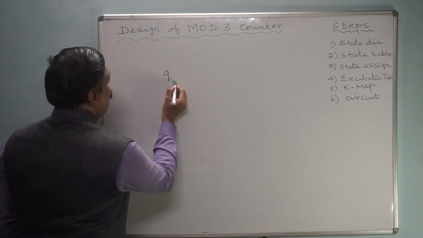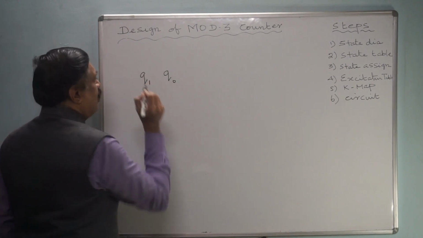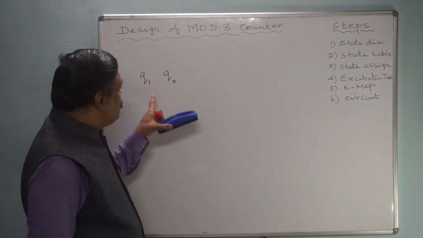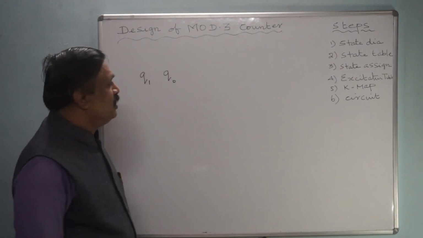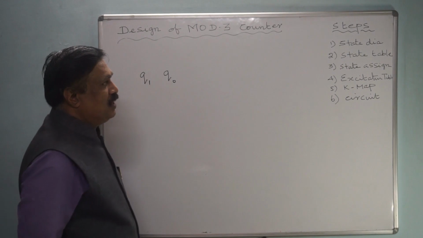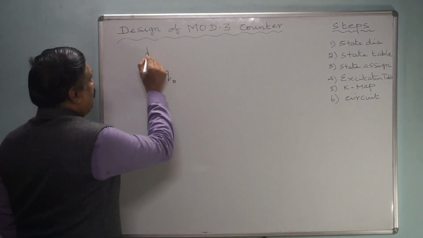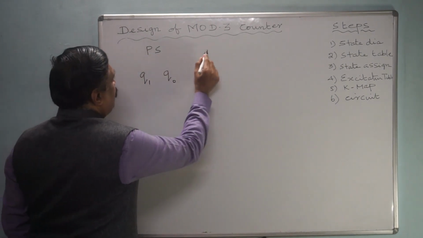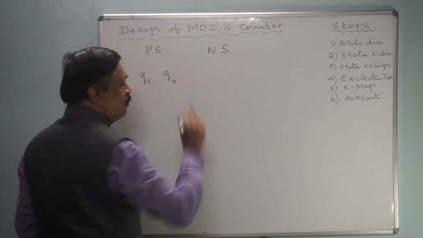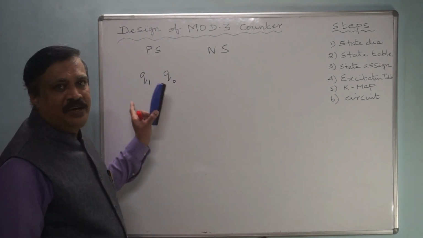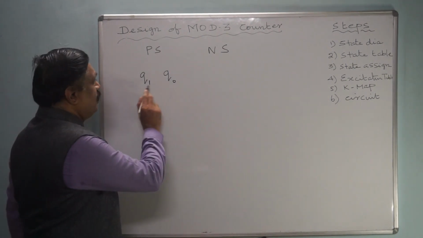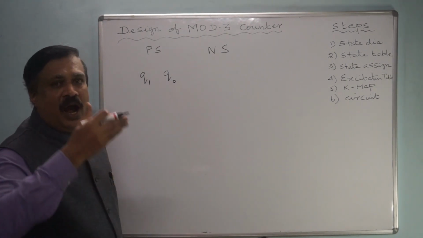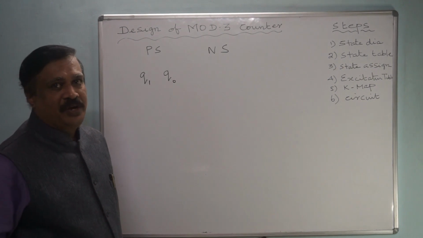Here Q0 and Q1 are the outputs. Now this is the present state I am taking. In the state assignment, the table heading is present state, next state table. Here Q1, Q0 are the outputs of the present state flip-flops.